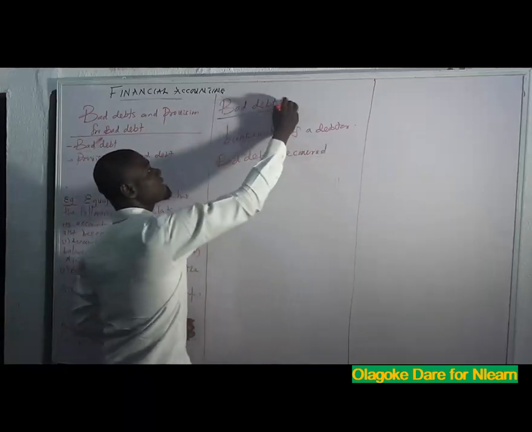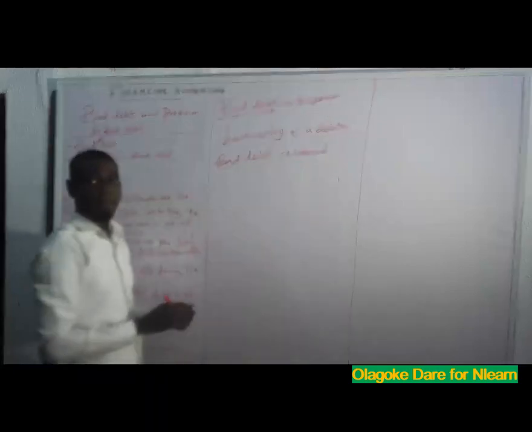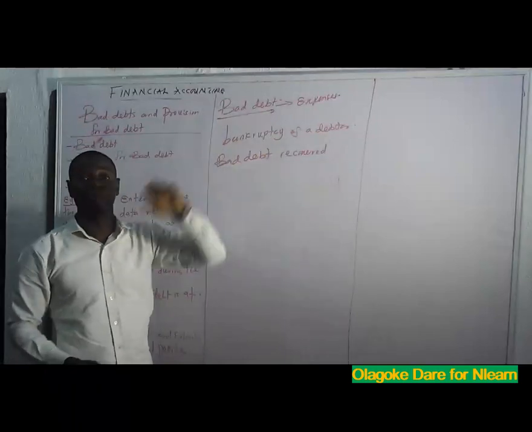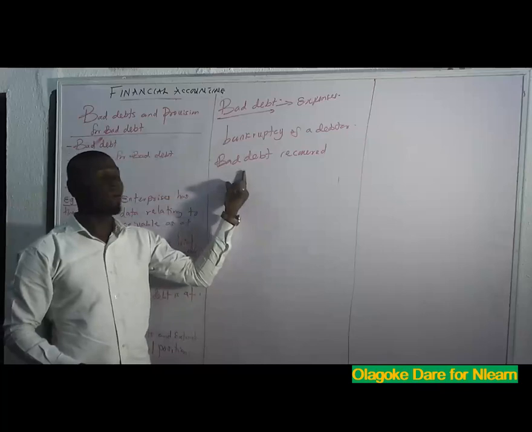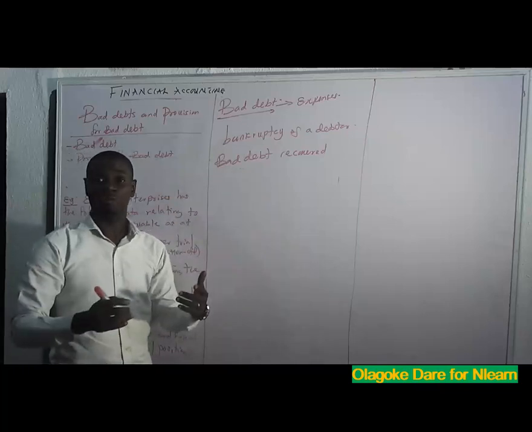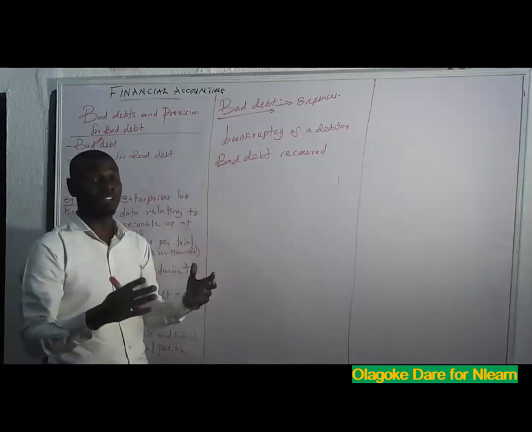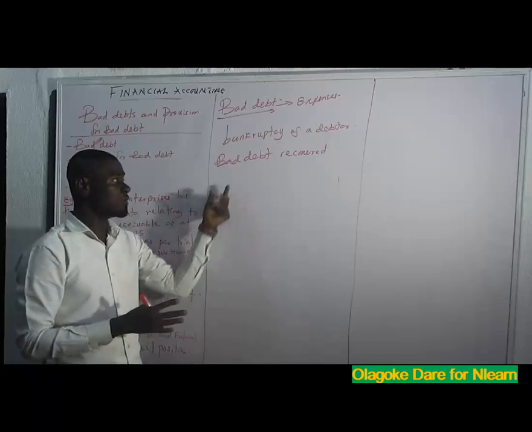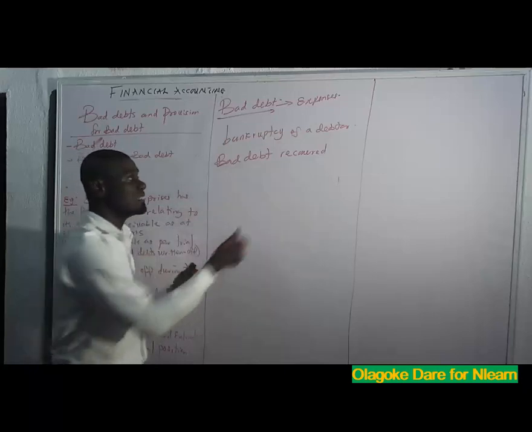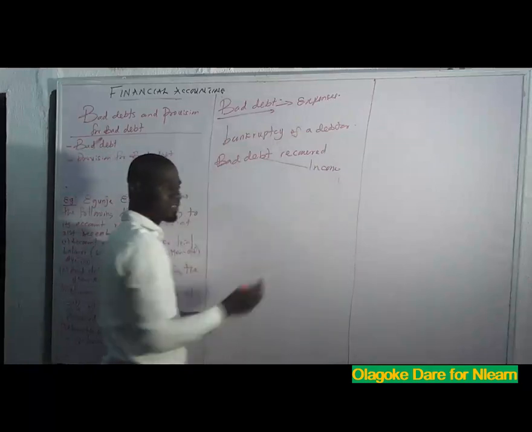So bad debt is seen to be an expense to a business organization, because once bad debt is written off, it becomes an expense. While when the debt that has been written off as bad, the debtor shows up someday somehow and makes payments on such a debt owed, it becomes a bad debt recovered. In this case, bad debt recovered is an income to a business organization.